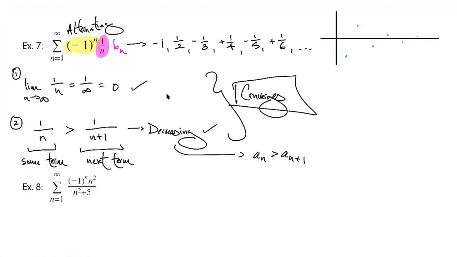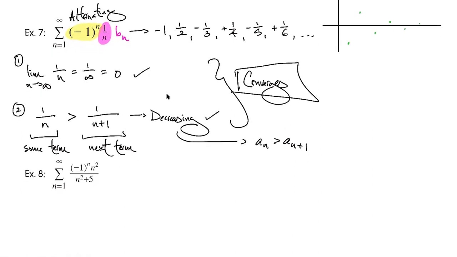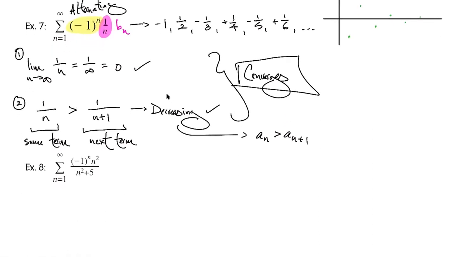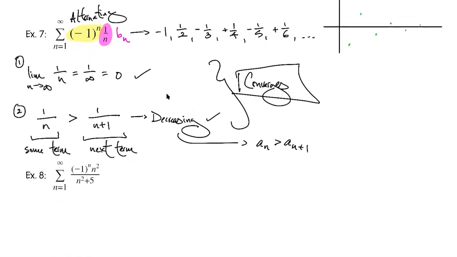Okay, let's take a look at example number 8. So I know we're in the alternating section, but we would also recognize that it's alternating if we see this part, right? The part in the yellow is the part that means, ooh, we have an alternating series. So what does that make our b sub n in example number 8? n squared over n squared plus 5.